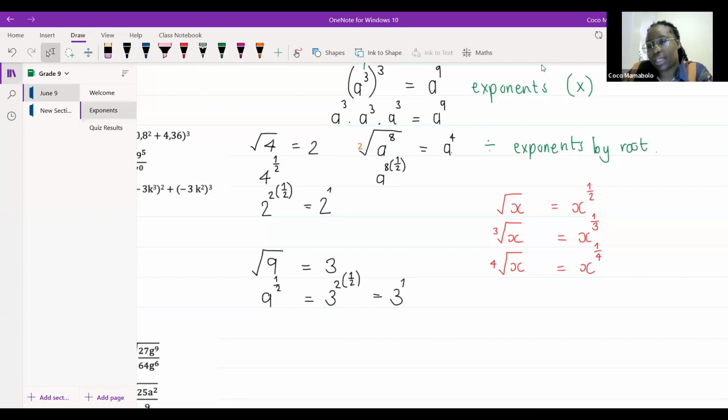Mulebogang, when you say, ma'am, what does that dot represent? It means multiplication. Thank you, Khumutso. The dot means multiply. Okay, the reason we use a dot instead of a multiply is because in maths, a lot of you guys do this.